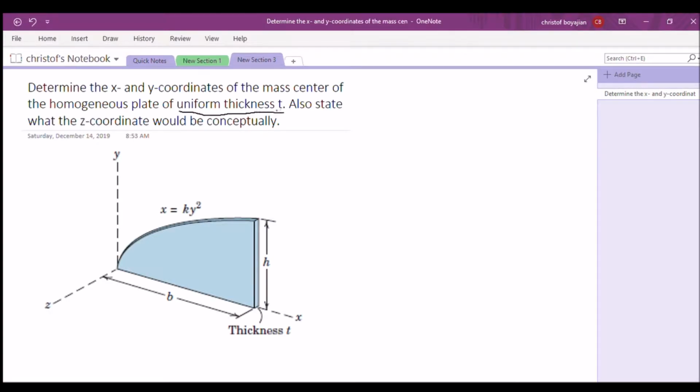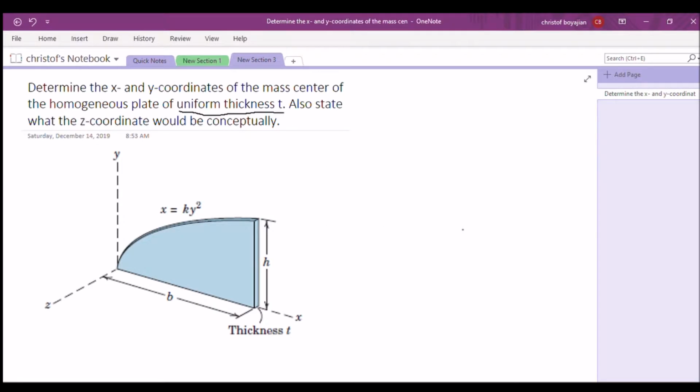So because this plate has uniform thickness t in the z direction, we don't really have to look at the z-axis per se when we're solving the x and y coordinates of our centroid. We could just think of it as our normal two-dimensional plane here.